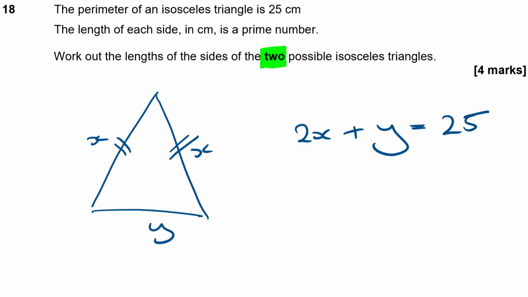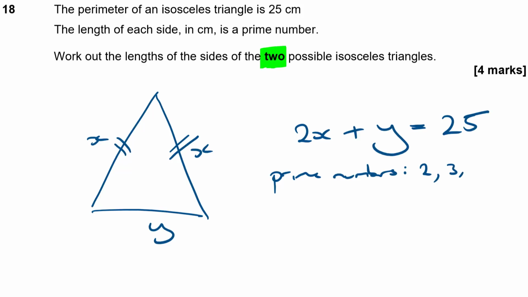Okay, so it might be helpful to list some of the prime numbers out up to, well, let's go up to 25. It's probably overkill, but let's do it anyway. So prime numbers less than 25. Well, the first prime number is 2, isn't it? It's the only even prime number.